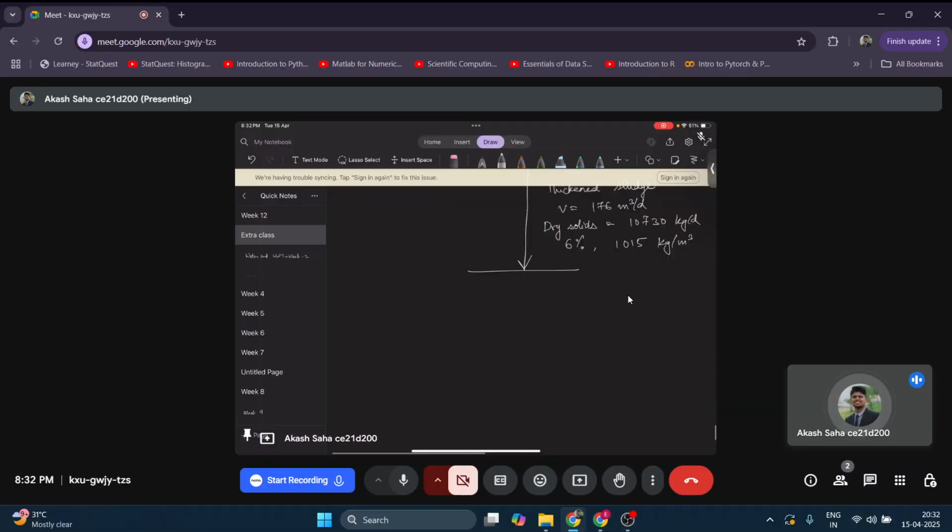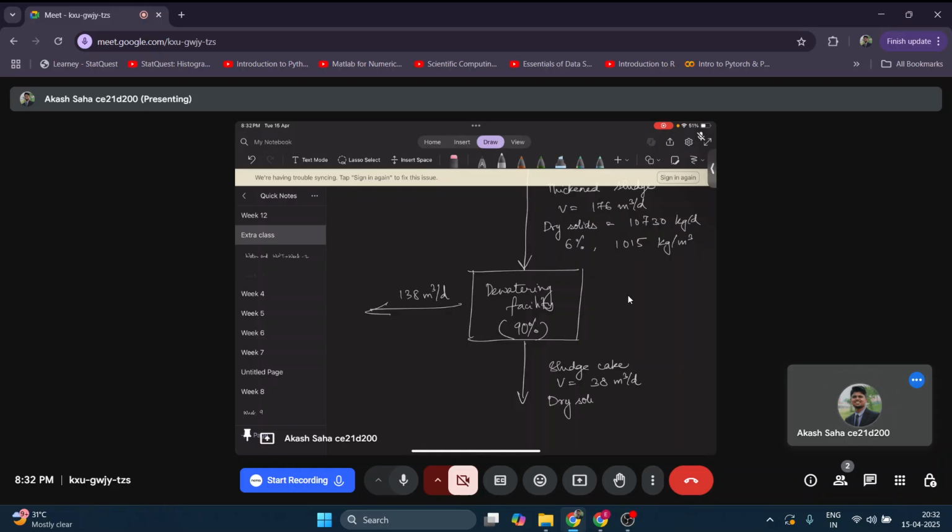And it would be going into a dewatering facility with a 90% capture. So from here the flow coming out will be 138 meter cube per day, and the rest would be sludge cake. So the volume here would be 38 meter cube leftover per day.